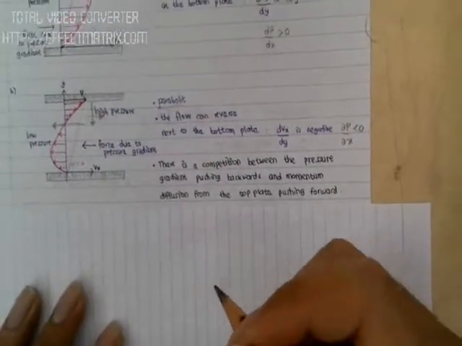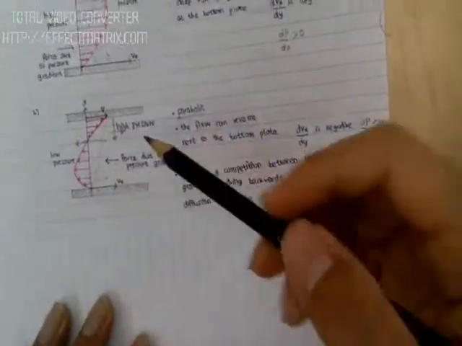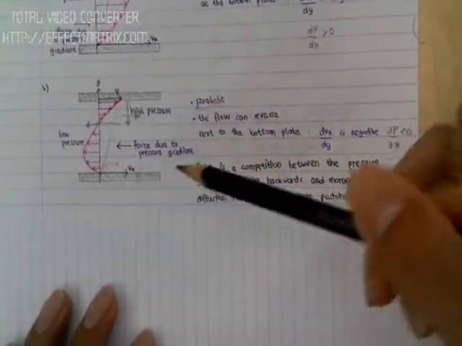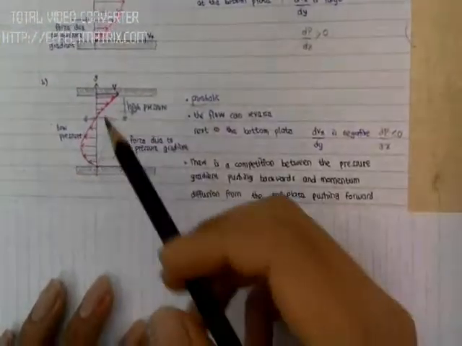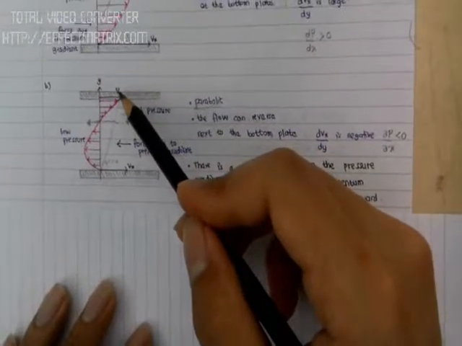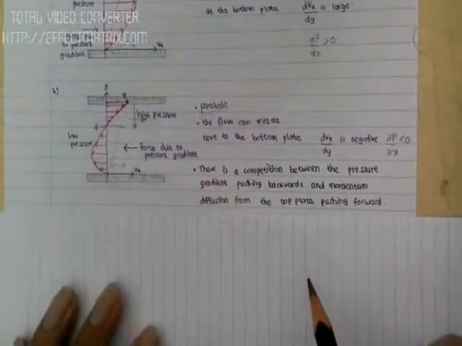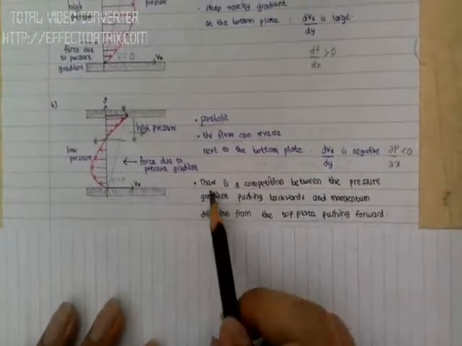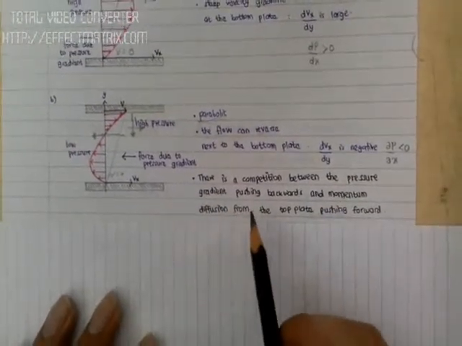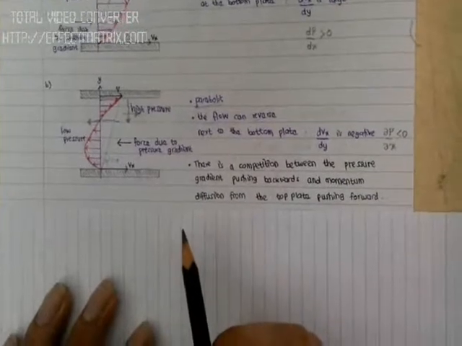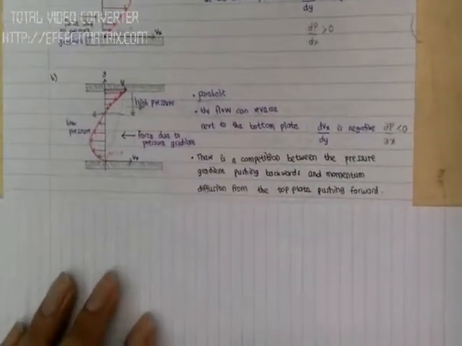One way to think of that is the pressure gradient tends to push the fluid backwards, while the diffusion from the top plate tends to push the fluid forwards. So we can say that there is a competition between the pressure gradient pushing backwards and momentum diffusion from the top plate pushing forwards.